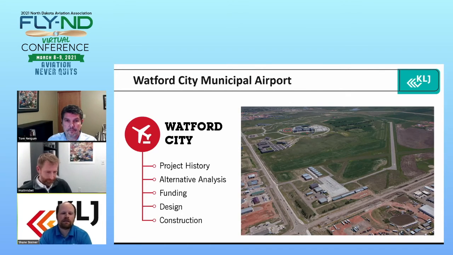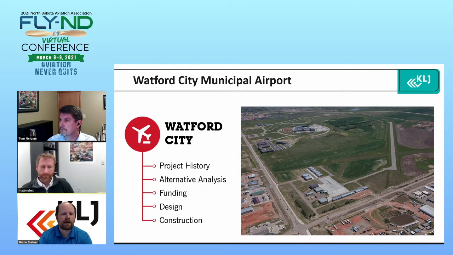The highlights that we wanted to hit with the project that we thought would be interesting for everybody are to go through the project history and the different alternative analyses that we did. There were multiple and some unique ones, especially for general aviation airports. So Matt will take you through those.